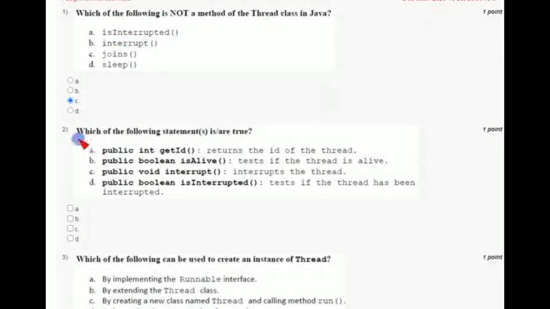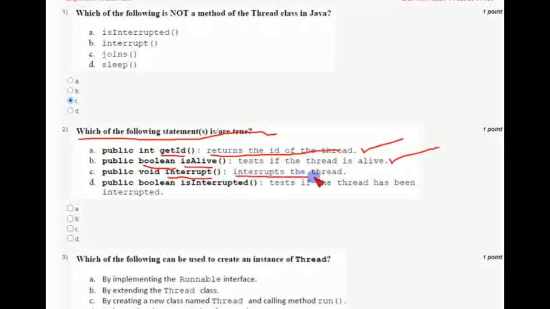And second question, which of the following statements is or are true? Friends, the getID function is used to return the ID of the thread, so it is a correct answer. And isAlive tests whether the thread is alive or not, because it is a boolean value, so it is also correct. And interrupt interrupts the thread, so it is also correct.